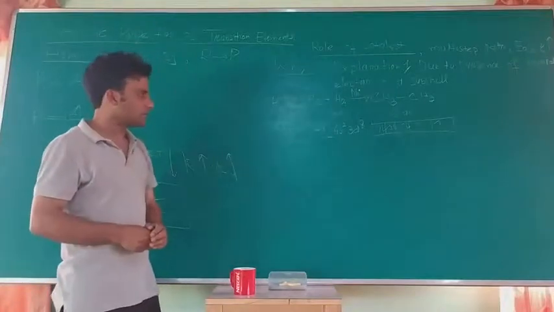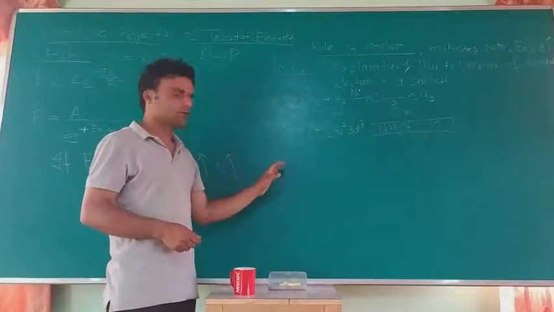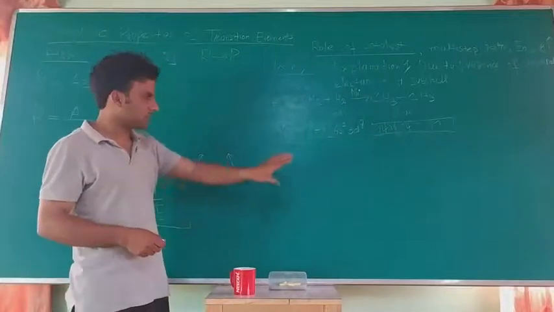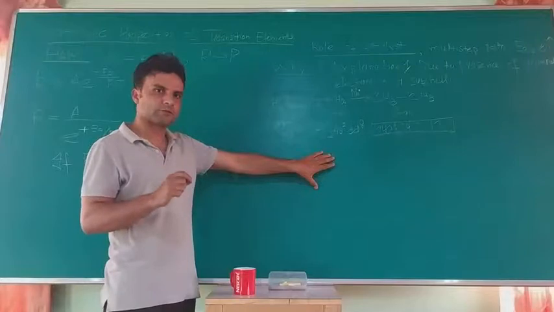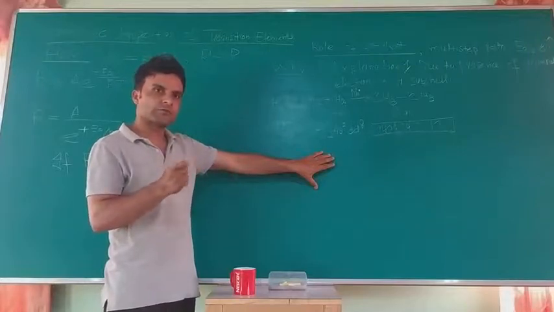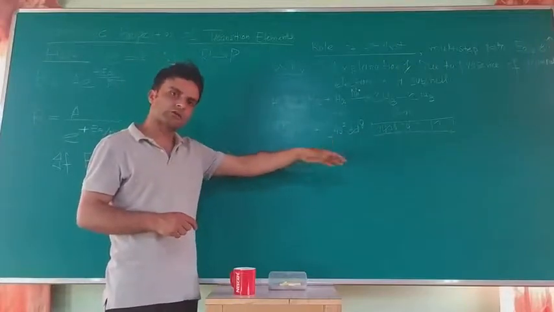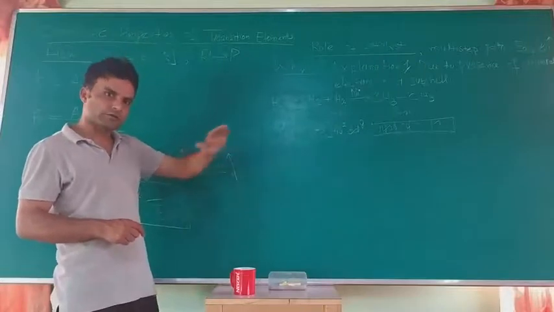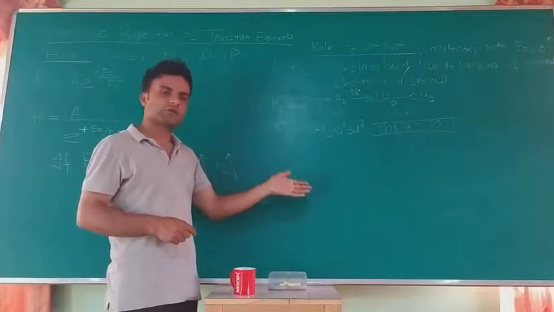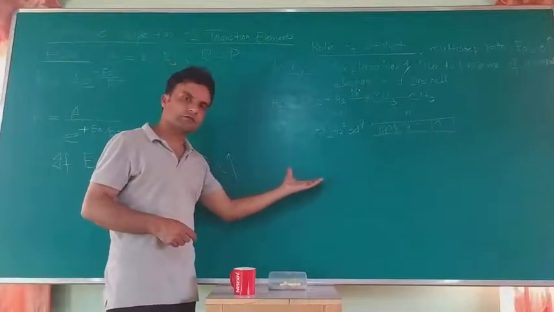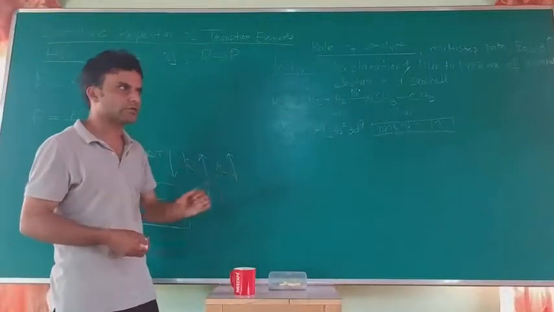Let me track all these steps. First, diffusion of reactants towards the surface, then adsorption of reactants at the surface. It is an important step because here new bonds are formed between surface and reactants, and old bonds within reactants are broken, resulting in lowering of activation energy. It also increases the concentration of reactants on the surface and provides effective orientation.